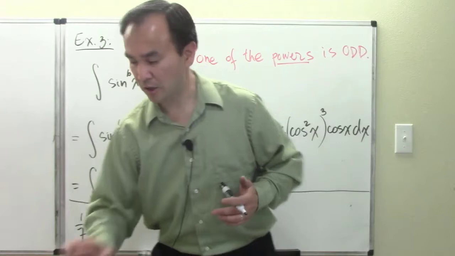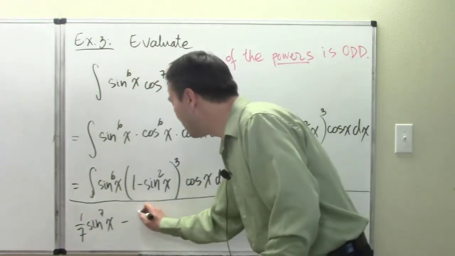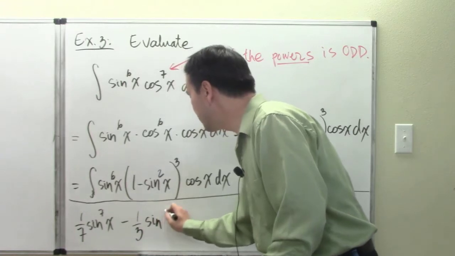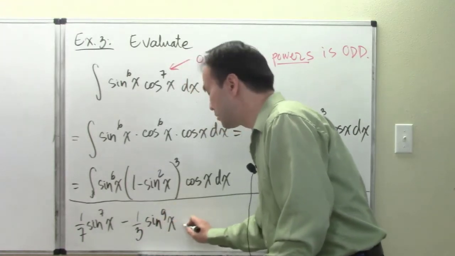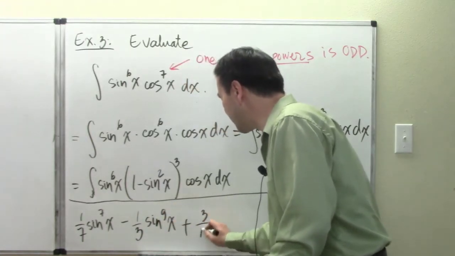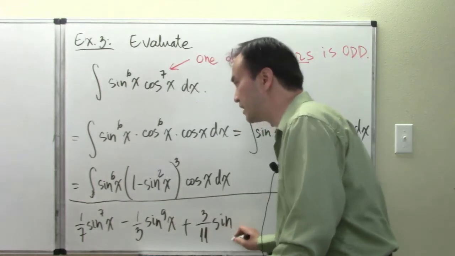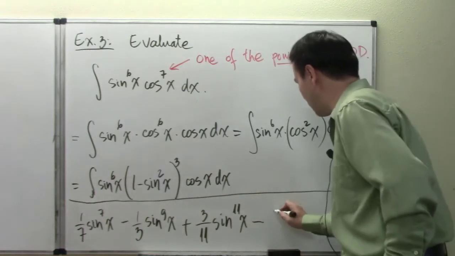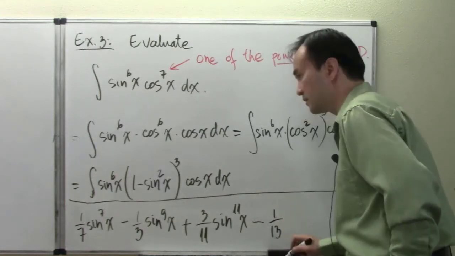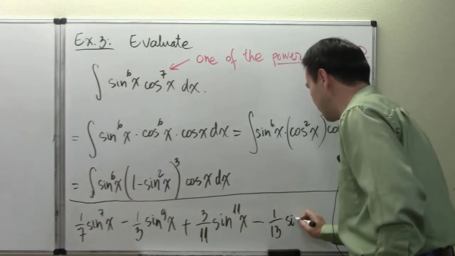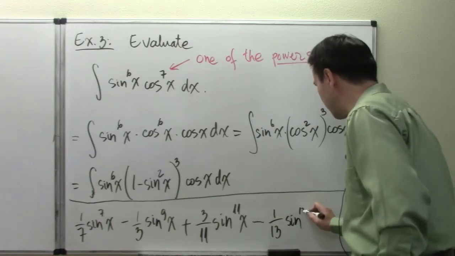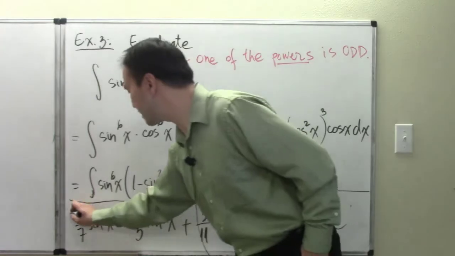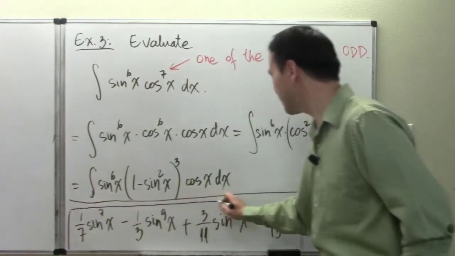So minus 1/3 sine to the 9th of x, plus now we're looking at 3/11 sine to the 11 of x, and then minus 1/13 times sine to the 13 of x, plus c. All right, and so this is our final answer.